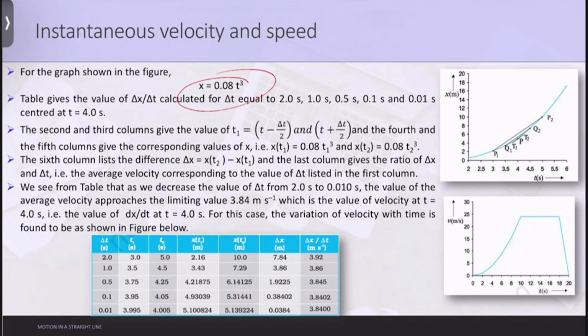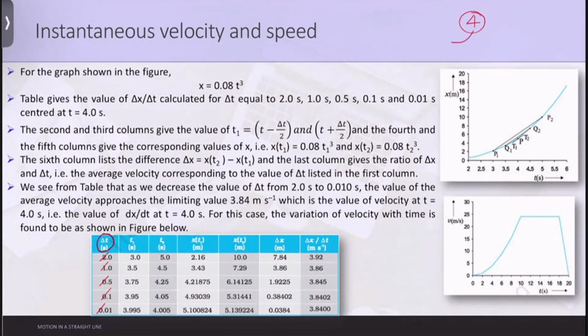Okay, so what we are doing is just trying to decrease the value of delta t here. So just keep on seeing the table also, and I will try to iterate also. So as you can see, first value is delta t. It's 2 seconds, 1 second, 0.5, 0.1, 0.01. Okay, so as an example, let's say we need to find out the value at 4.